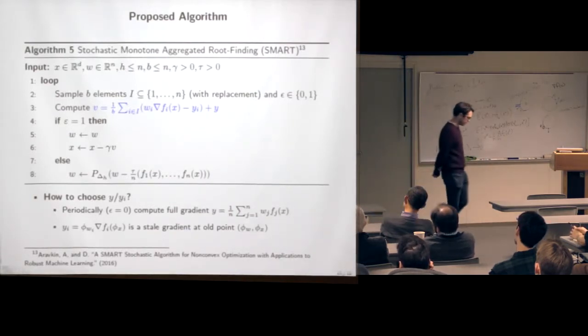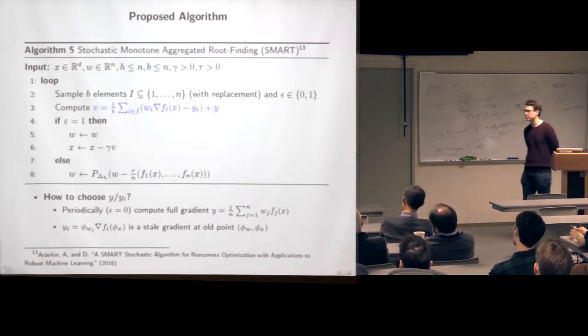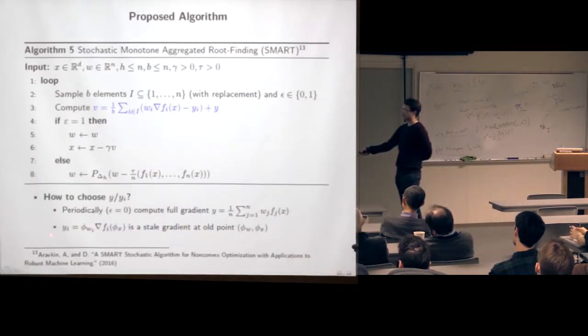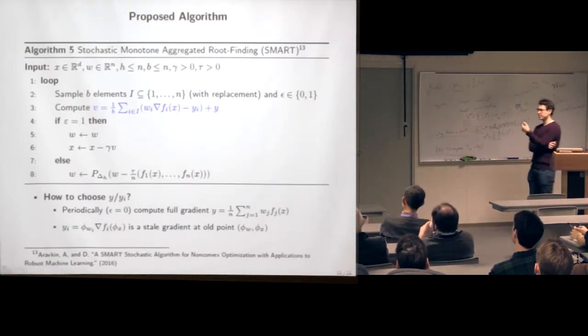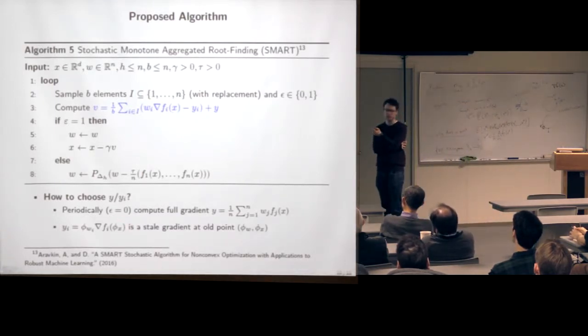So how do we choose these yi's? Well, it turns out that the sequence of old x's gives you a really good candidate. So if you just take the old gradients and save them, and in fact, you don't even need to save all of the gradients. You just need to save the point at which the gradients were evaluated.